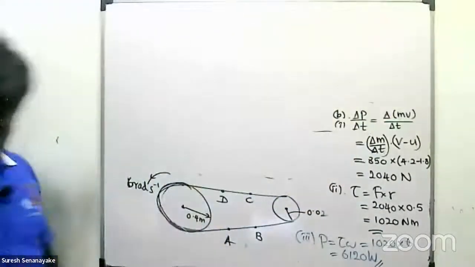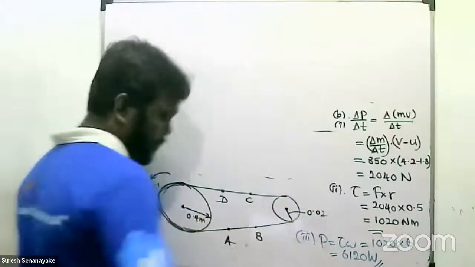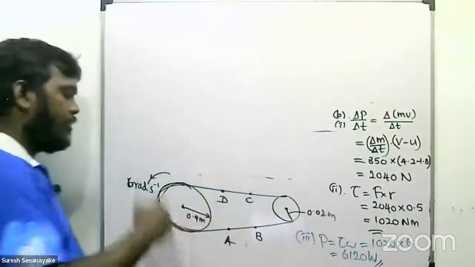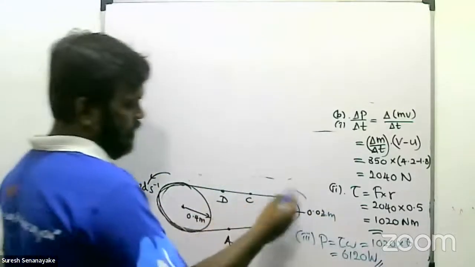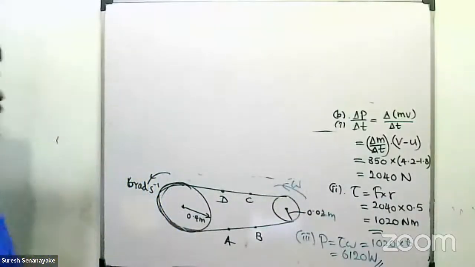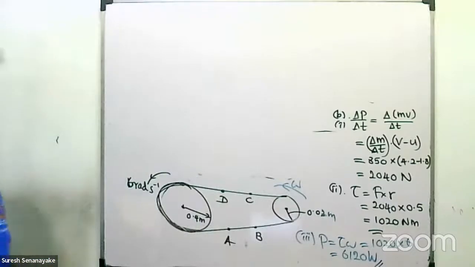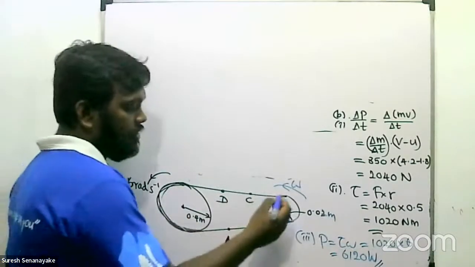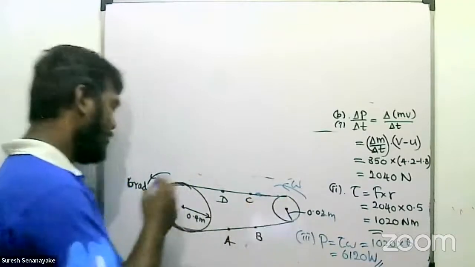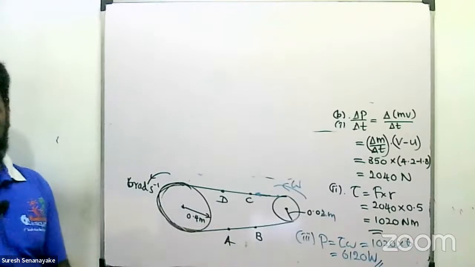Now this belt is connected to the 0.4 meter radius pulley and the 0.02 meter radius pulley. So when this rotates and this also rotates, let's see the angular velocity. The same belt is used to rotate both, right? So the tangential speed of a particle on the belt is the same for this wheel and this wheel, because the belt is moving with the same speed.